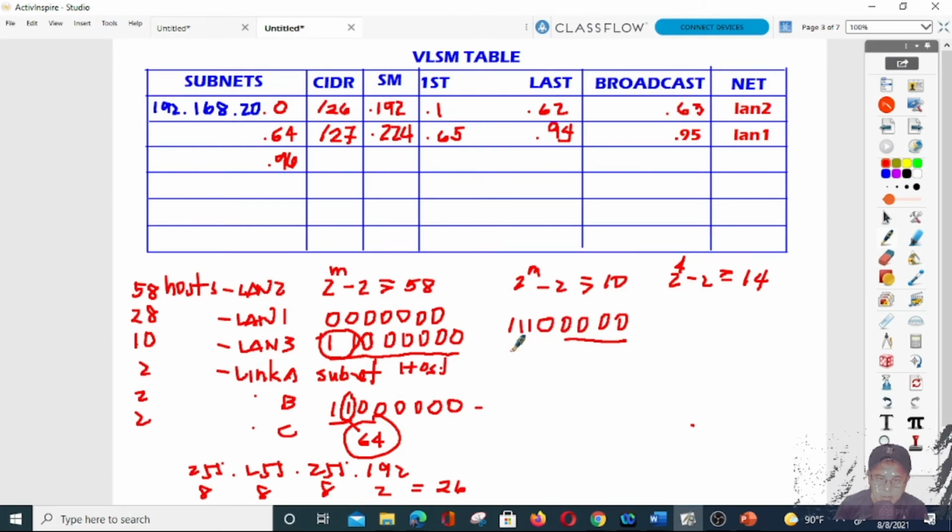It will become 1. That will be our increment, which is 1, 2, 4, 8, 16. And this will be our new subnet mask. If you add this one again, 128 plus 64 plus 32 plus 16, this is 224.